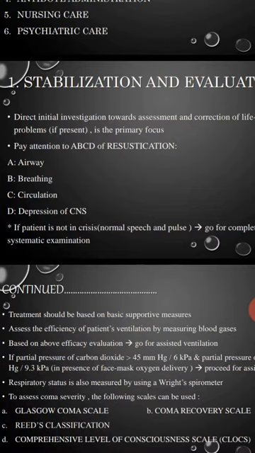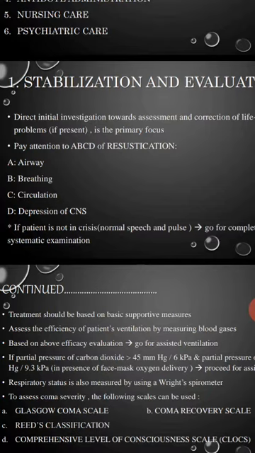So how to maintain the respiration? Respiration is mainly provided by artificial respiration, by providing oxygen, or mouth to mouth respiration. First you have to maintain the respiration by providing sufficient oxygen.